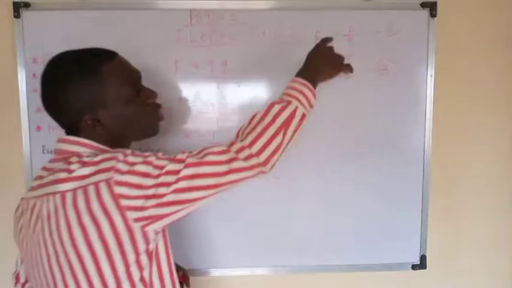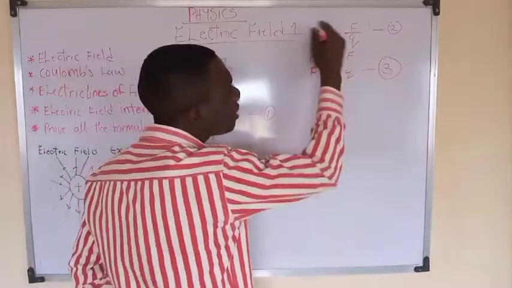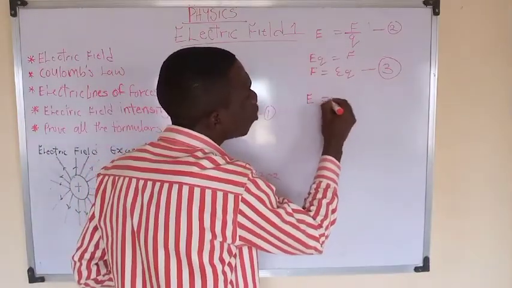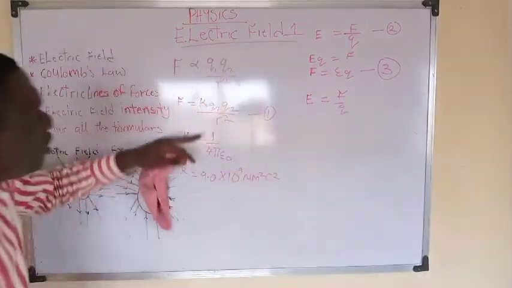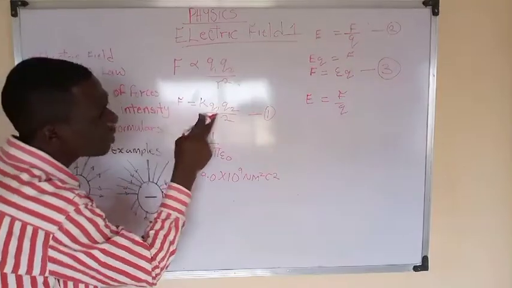Now from equation 2, if I bring equation 2 down, E is equal to F over Q. Now remember that in equation 1, the value for our F is equal to this.